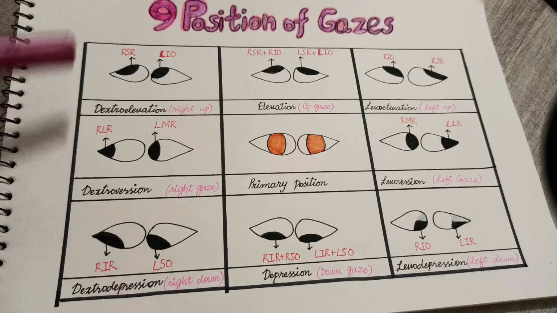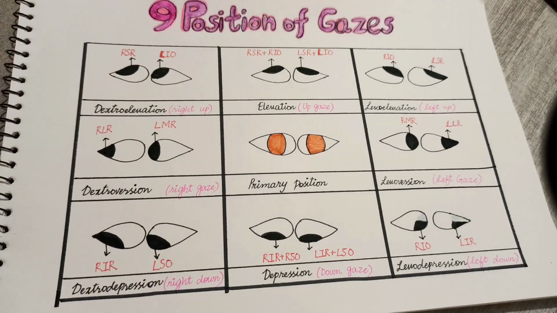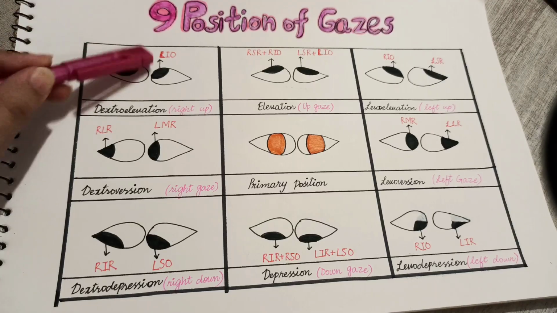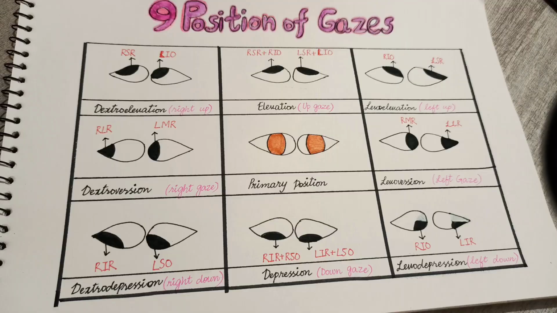If it's right gaze, then the right eye's rectus and the left eye's oblique will be in action. Same as in dextro depression, right eye inferior rectus and left eye superior oblique are in action. If it's elevation, then the other eye's inferior oblique will be in action, and if it's depression, then the other eye's superior oblique will be in action.